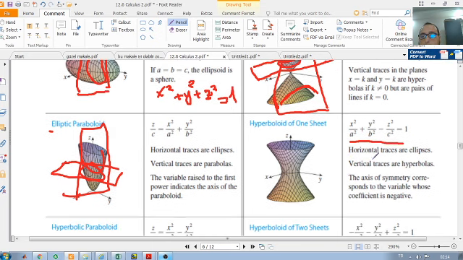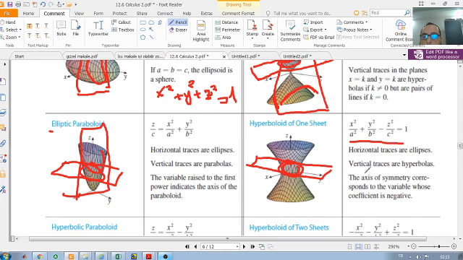Okay, horizontal traces are ellipses if you intersect this graph with a horizontal plane. Similarly, you will obtain an ellipse. Okay, horizontally, you cut this graph with a plane, with a paper in three-dimensional coordinate system, and you will obtain an ellipse.